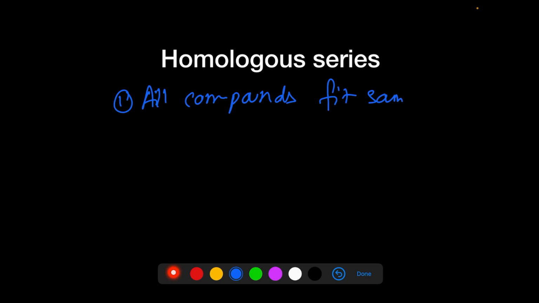And in the homologous series, we have a few properties we must remember. First thing is all compounds fit the same general formula.